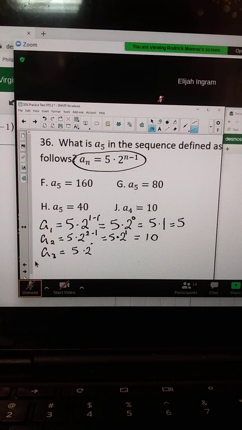I had the feeling what the answer will probably be. We know it's not going to be J because that's the fourth one. So we get rid of that.